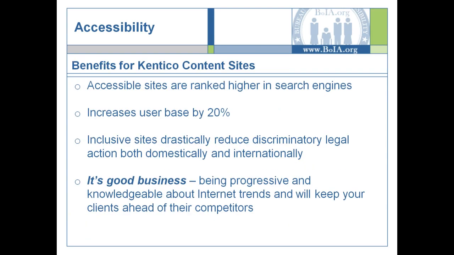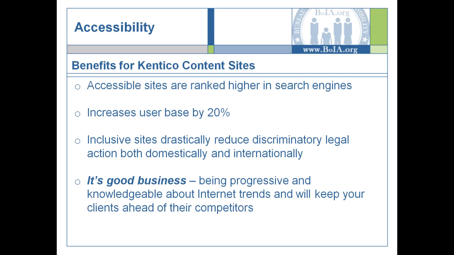The benefits for Kentico. This is where this all comes into play. Your sites will be accessible, and they will be ranked higher in search engines. SEO and accessibility have a lot of overlap, and they play hand in hand. What we found is that as our members have used our tool and made adjustments to their websites, organically their rankings have come up in the search engines.